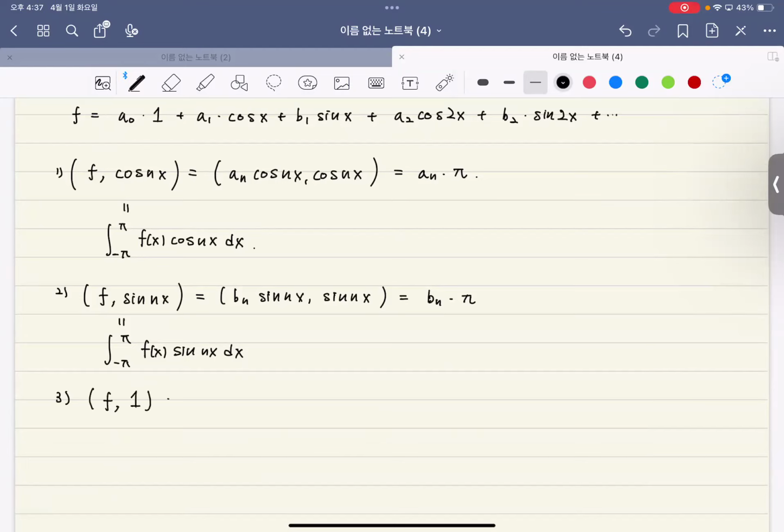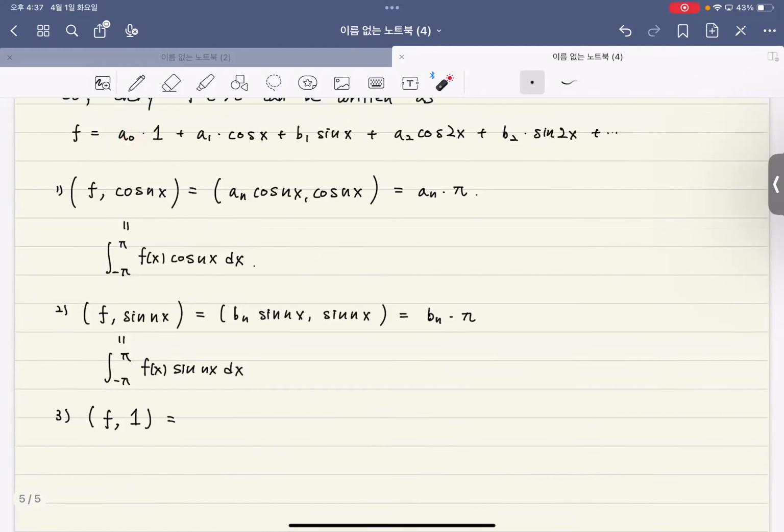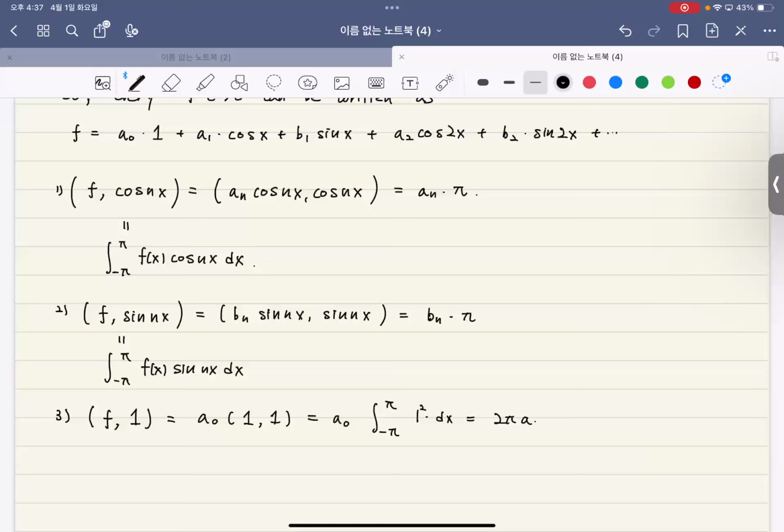And lastly, if you take the inner product with 1, only this term survives. So a_0 times 1 and 1. Well, this one requires a computation, but 1 squared times dx gives 2 pi times a_0, and this is the integral from minus pi to pi of f(x) dx.